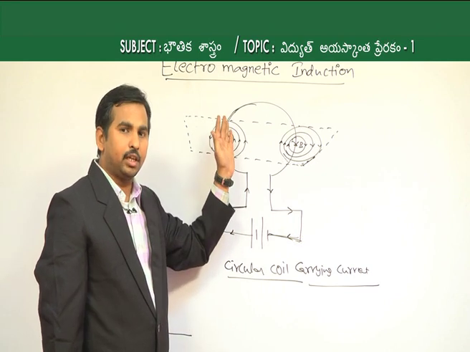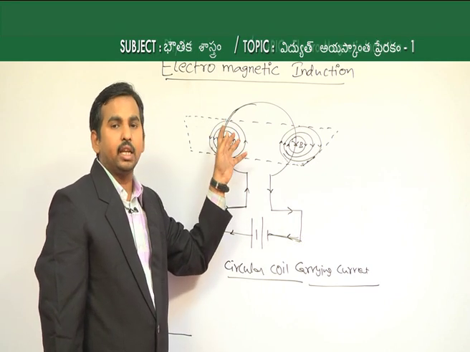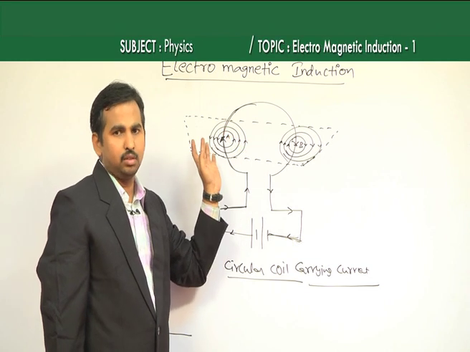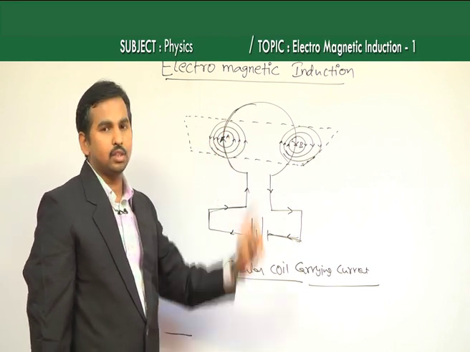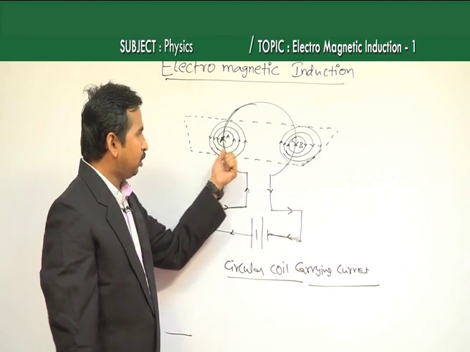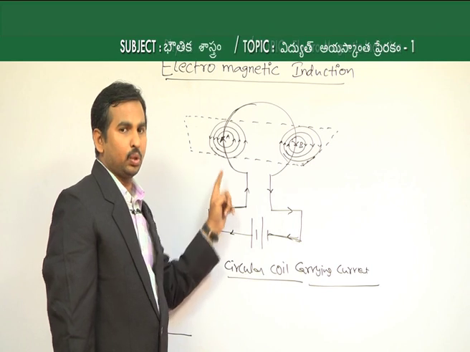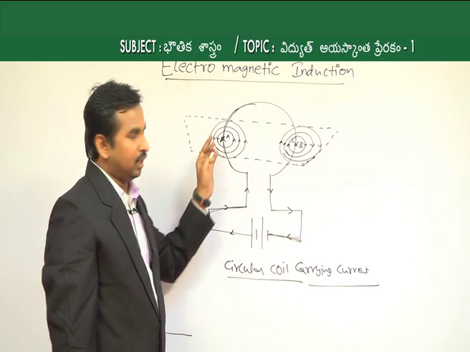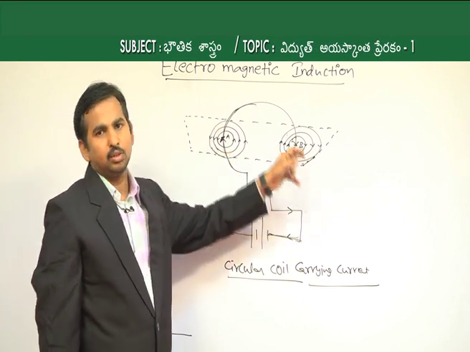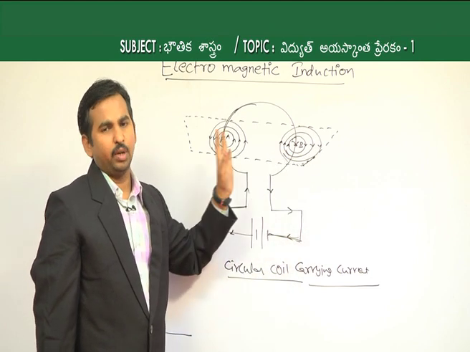As the direction of current is the same, the magnetic lines of force around it are also the same. But in this circular coil, at two different points on the same coil, at one point the current is going upwards, which is out of the plane, and on the other side the current is going downwards, which is into the plane.